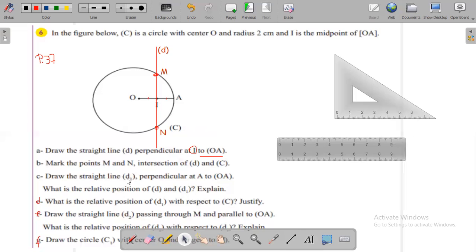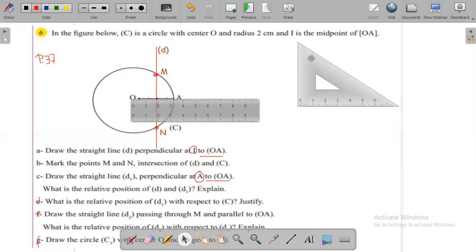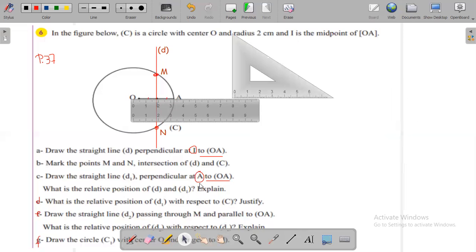Now, draw the straight line D1 perpendicular to OA at A. So we take the ruler and put it on OA. We take the set square, put it on the ruler and move it till it passes through which point?